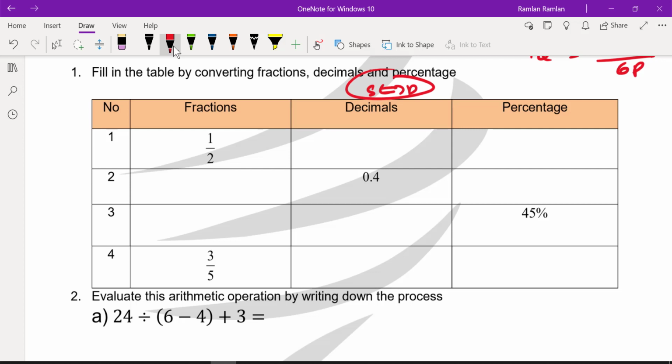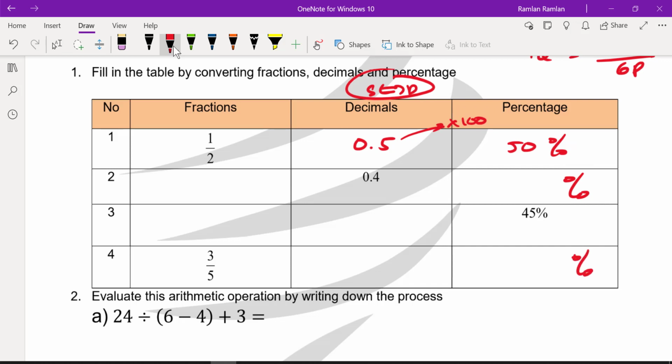You'll get a decimal number, and here we get 0.5. For percentage, once you have the decimal, you only need to multiply it by 100. Using the calculator, you'll get 50. Don't forget to write down the percent sign. If you just write down 50, then it's wrong. So remind yourself to write the percent here.